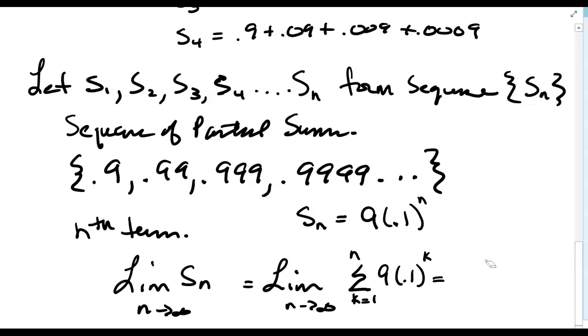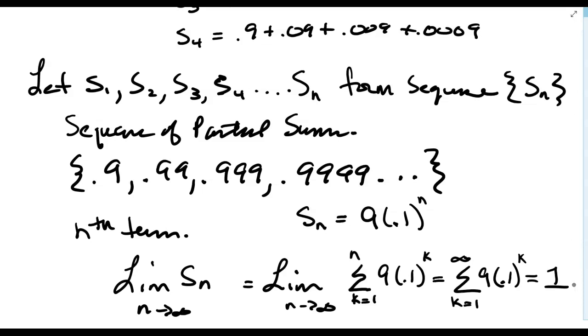So the limit as n goes to infinity is the summation k equaling 1 to infinity, and get rid of the limit. And we can see that it equals 1. And it becomes the limit of the sequence of those partial sums.